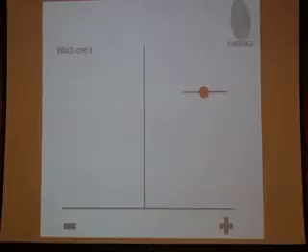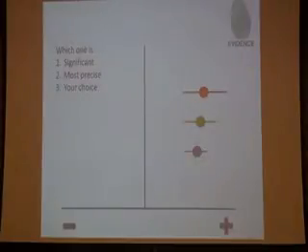Okay. Now this one, and now let's introduce green. And this one. Which one is significant? All of them. Which one is most precise? Blue. And your choice? Red. Why do you pick the red? I think you are right, but can you tell me why you picked the red?